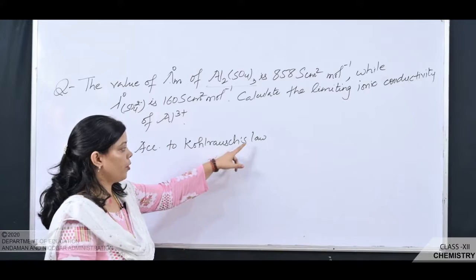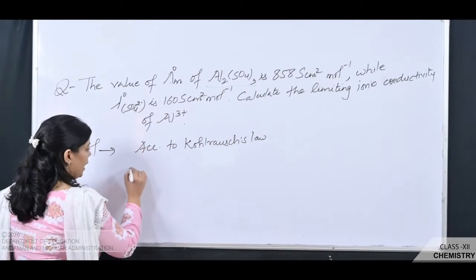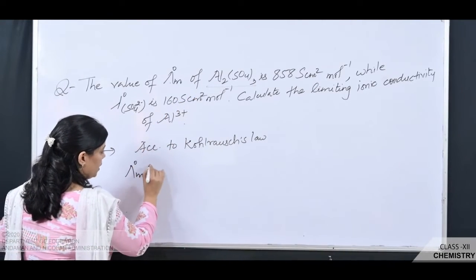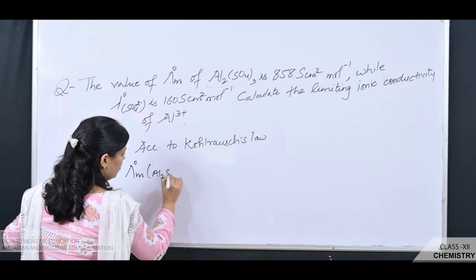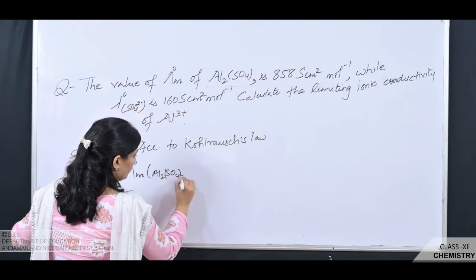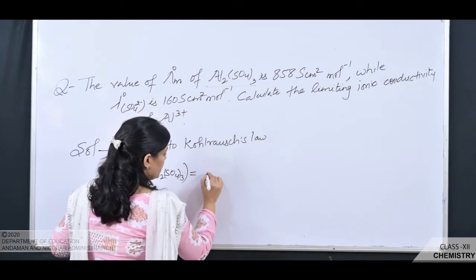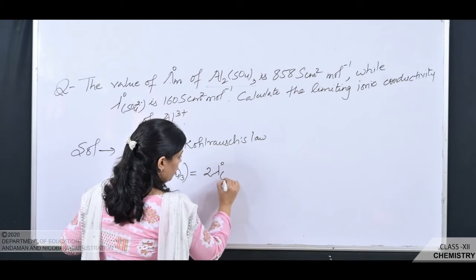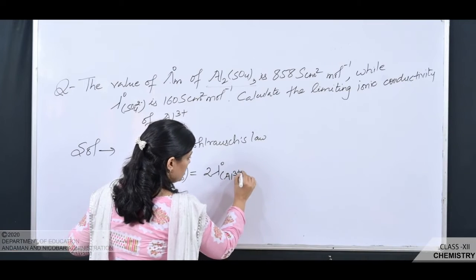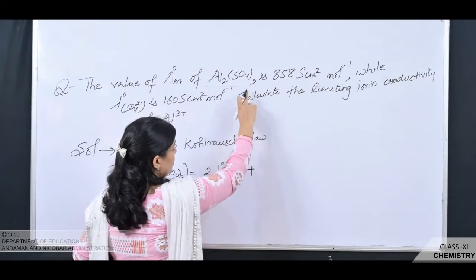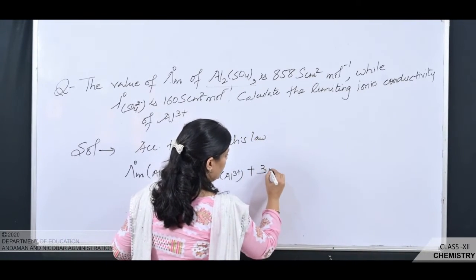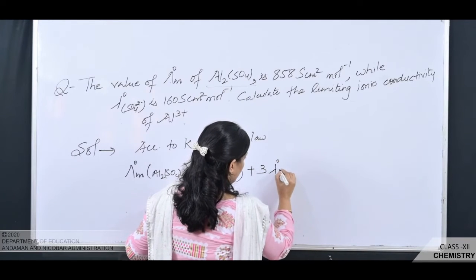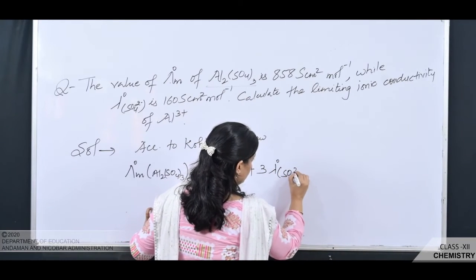First, according to Kohlrausch law, for the electrolyte aluminium sulfate, Al2(SO4)3, the limiting molar conductivity can be written as 2 times the limiting molar conductivity of Al3+ plus 3 times the limiting molar conductivity of the sulfate anion.